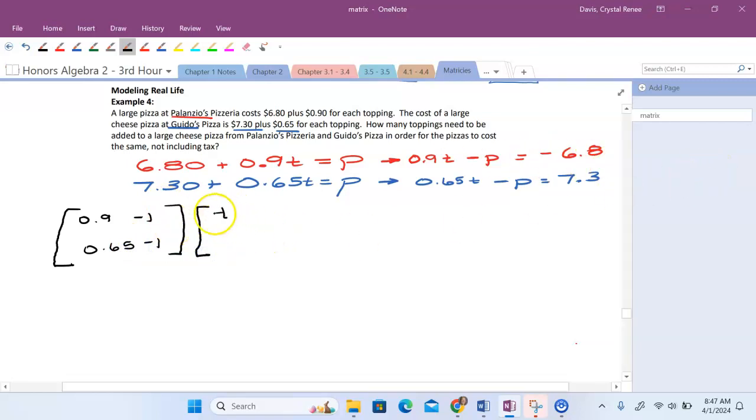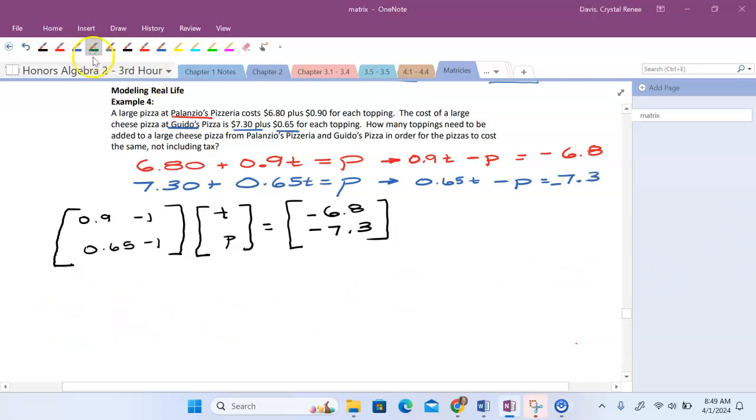T and P. And you could make it X and Y, whatever you want. Okay, and I know that's going to equal negative 6.8 and, this should be a negative 7.3. Negative 7.3. Okay, so now I've set up my matrix.